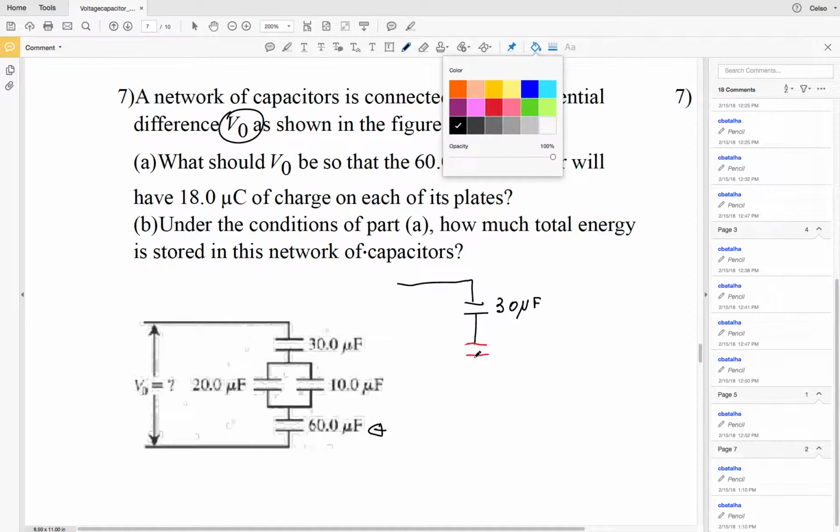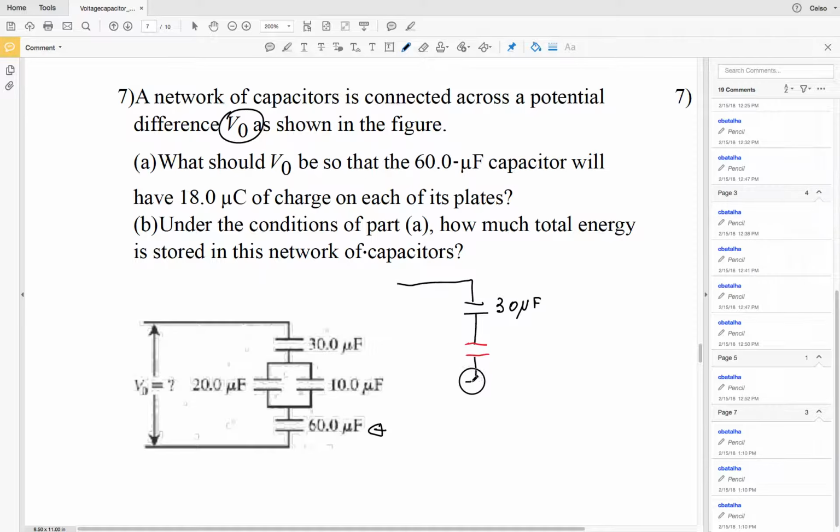And I will write in red, at the node, the equivalent capacitance of those two fellows in parallel. So how do I figure that out? How do I know the equivalent capacitance of them?